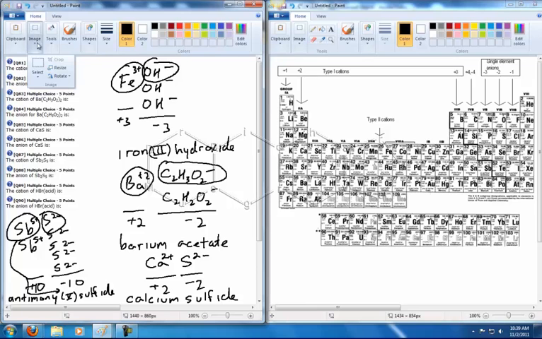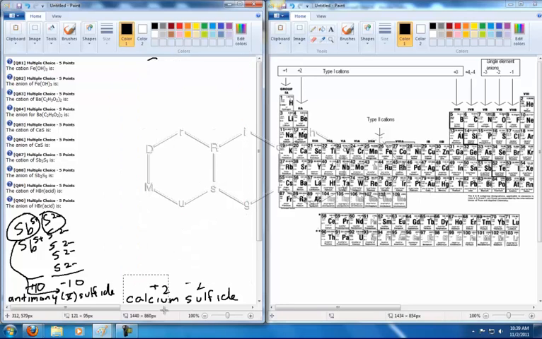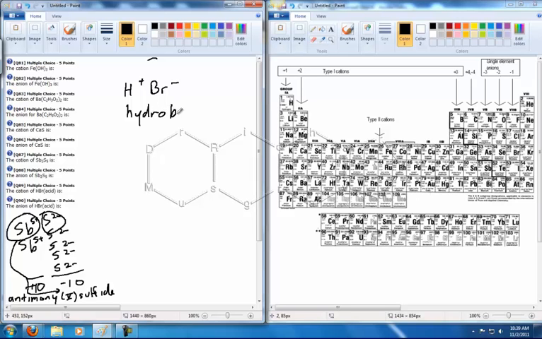We've got one more to do. And we're looking at HBr acid. I draw a picture of HBr acid. It will be H and Br. Br has a negative charge, H has a 1+ charge, and the name of this would be hydrobromic acid.